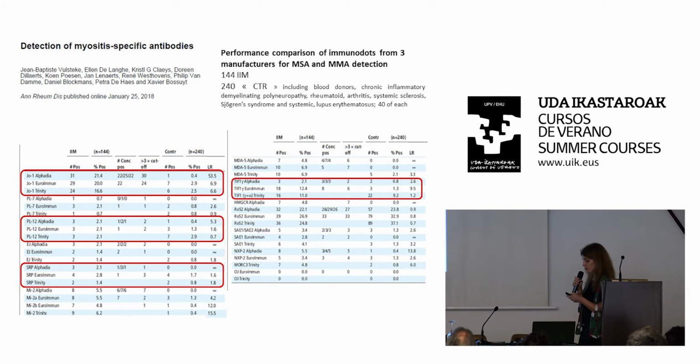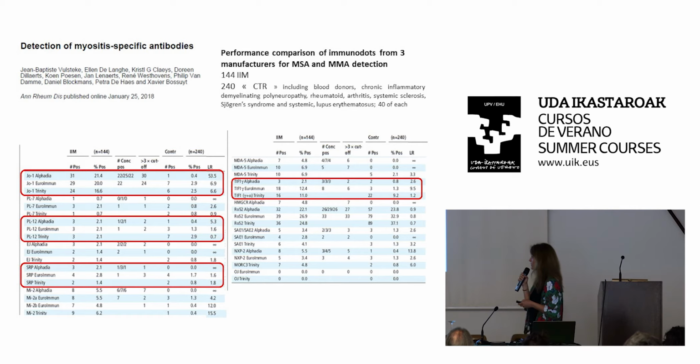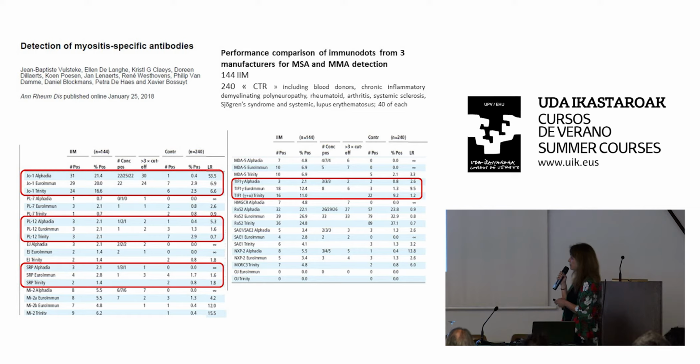And in order to complicate things a little bit, I'm sorry for that, but that's the real life of the laboratory, and you need to be aware of that when you interpret the results of a laboratory. There is a strong difference between manufacturers in the performance of the tests. Here, 3 manufacturers for detection of MSA antibodies, and we can only see the likelihood ratio here.